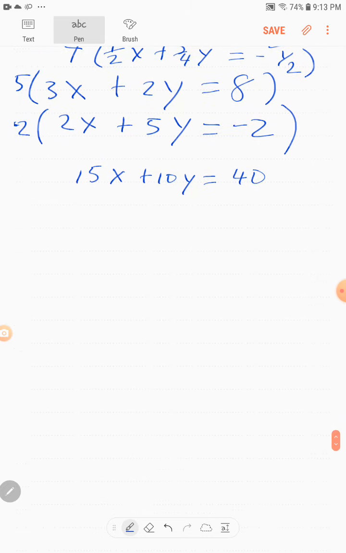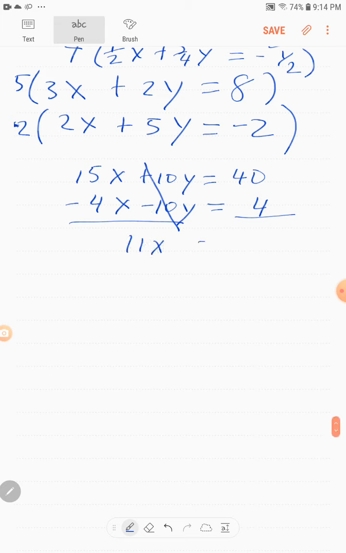And then distributing the minus 2, that'll give me minus 4x minus 10y equal to plus 4. So plus 10y minus 10y cancels, leaving us 11x equal to 44. Divide both sides by 11. And so we have x is equal to 4.